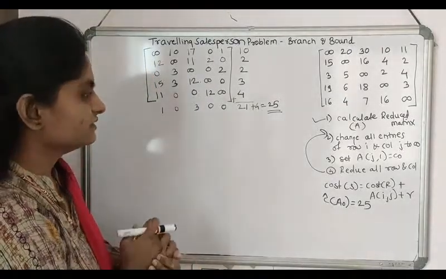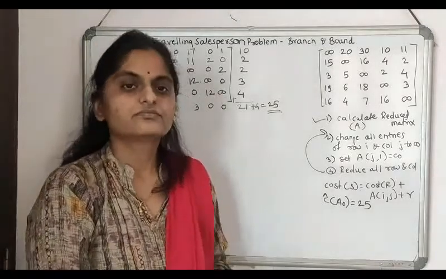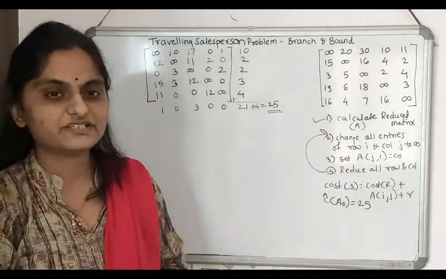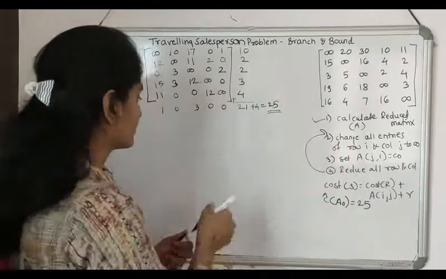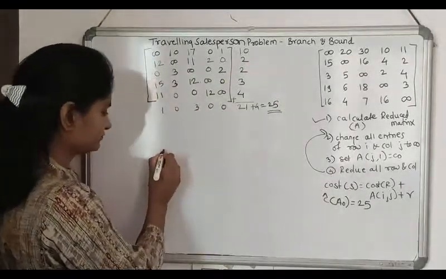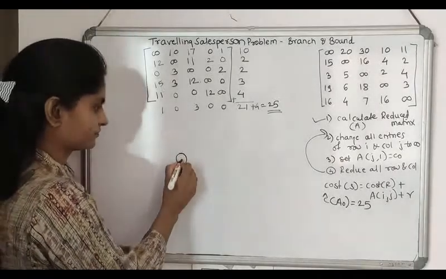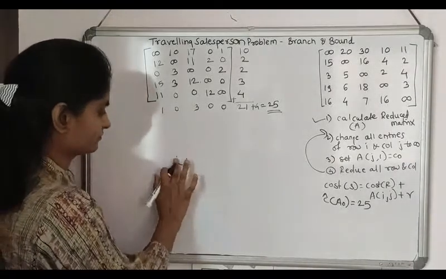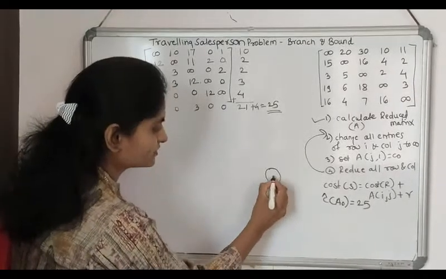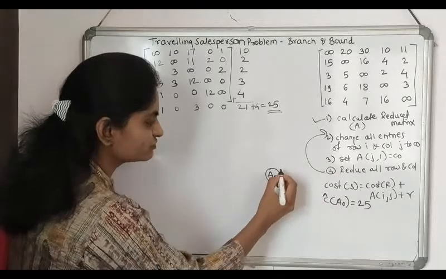Then after that, to draw the state space tree. How to draw the state space tree? A0 means what?